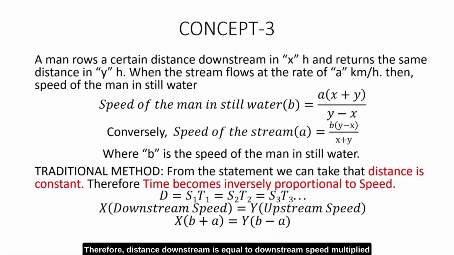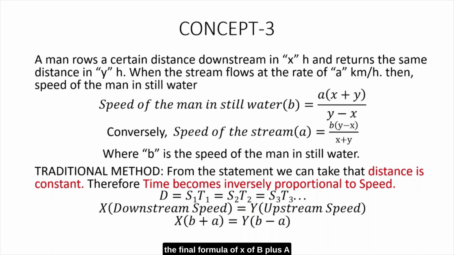Therefore, downstream speed multiplied by downstream time is equal to upstream speed multiplied by upstream time. Upon substituting the known values, we arrive at the final formula: x(b plus a) is equal to y(b minus a).